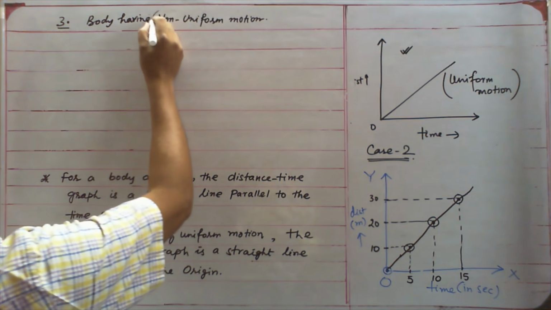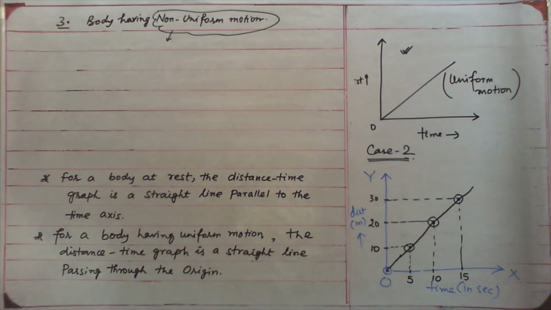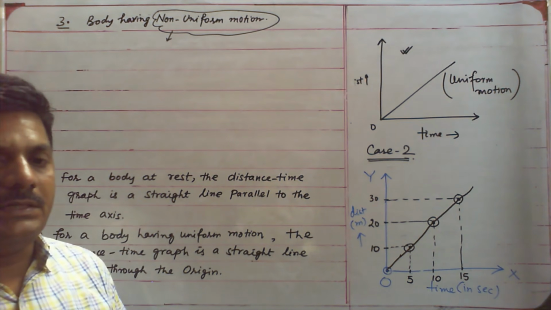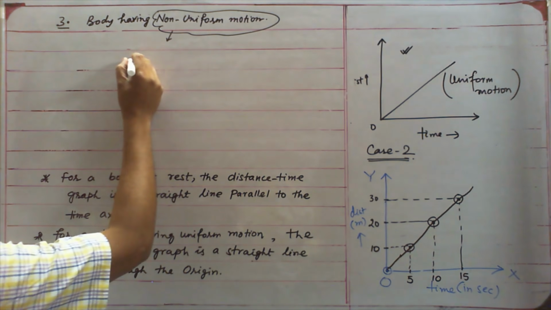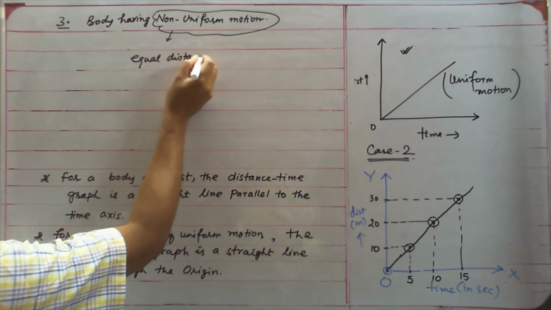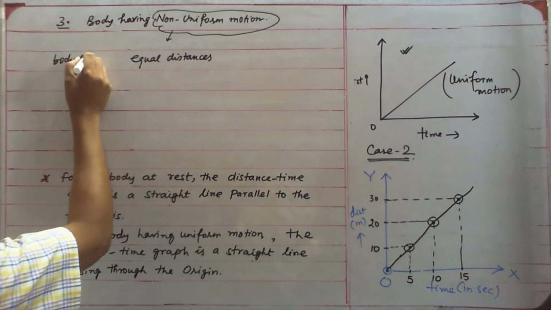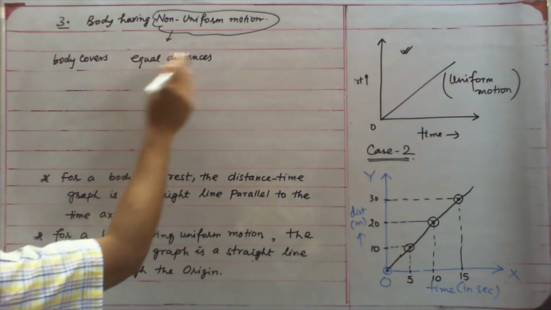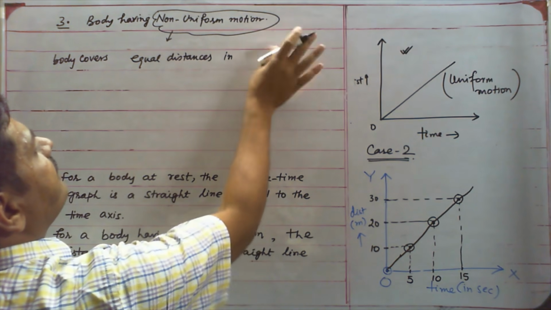What is non-uniform motion? Non-uniform motion says a body covers equal distances in unequal time intervals.